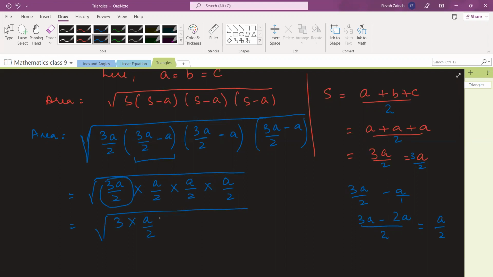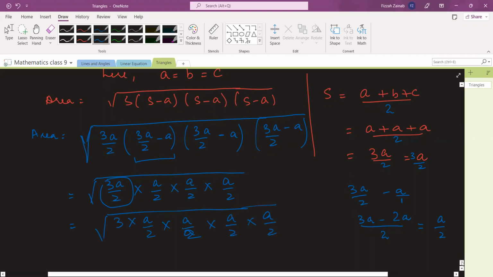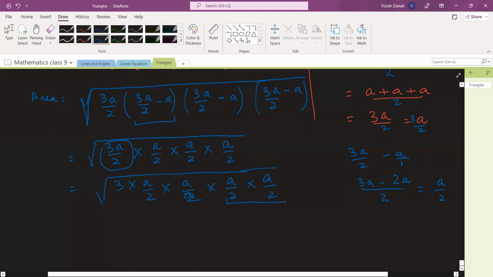And then again I have A by 2 into A by 2 into A by 2, right? Now it's inside the square root, so you can make pairs and then it will come out. So one A by 2 will come out, then another A by 2 will come out, and then inside the square root we have only 3. Clear?